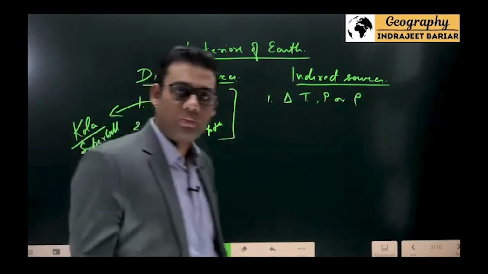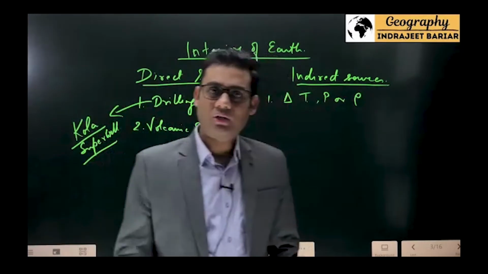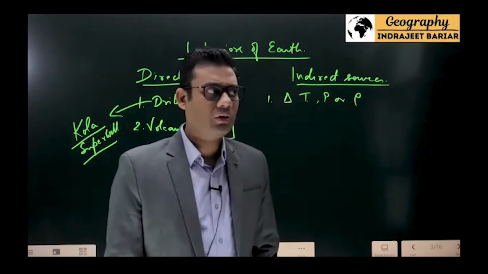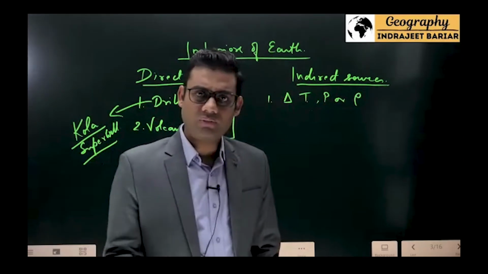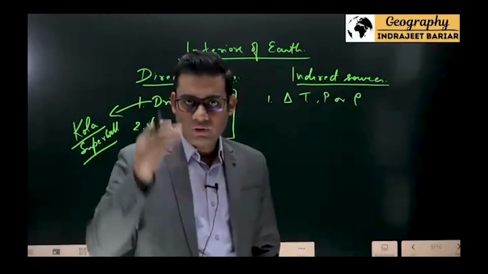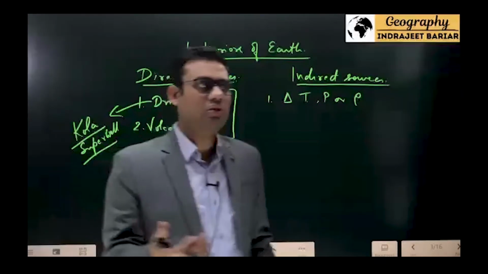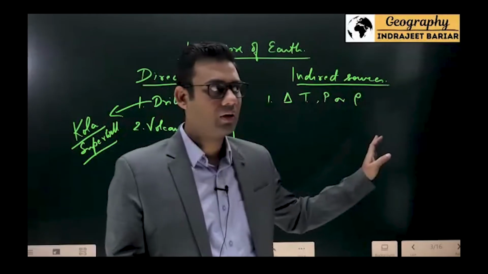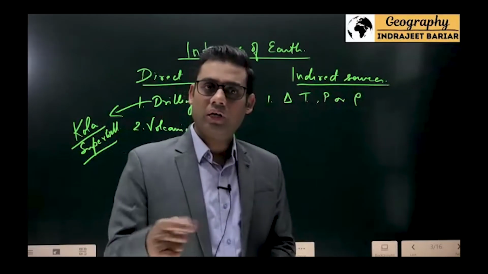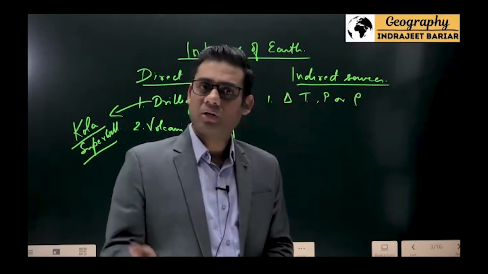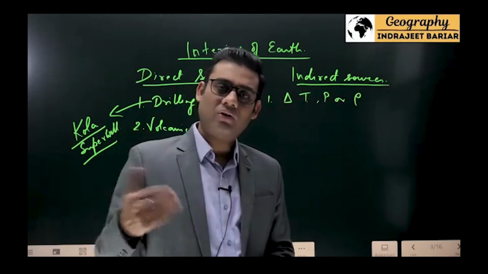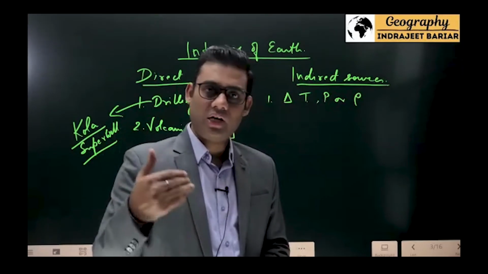As we go deeper, the temperature goes on increasing, the pressure goes on increasing, or the density goes on increasing. What we can do is we can figure out the initial rate of changes of these parameters. And if you know the rate of change of these parameters, you will be able to calculate the temperature, pressure, or density at any depth.